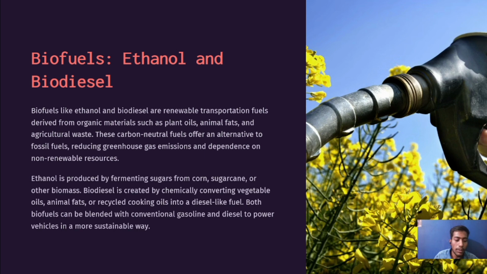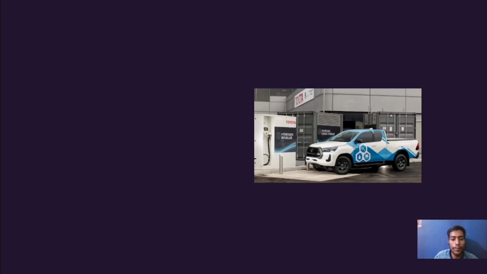Ethanol is produced by fermenting sugars from corn, sugarcane, or other fibers. Biodiesel is created by chemically converting vegetable oil, animal fats, or recycled cooking oils into a diesel-like fuel. Both biofuels can be blended with conventional gasoline and diesel to power vehicles in a more sustainable way.